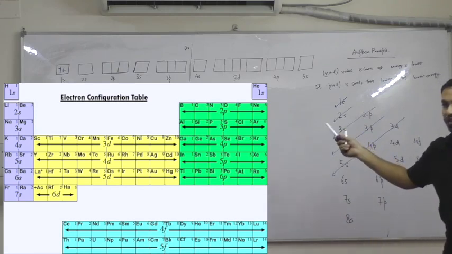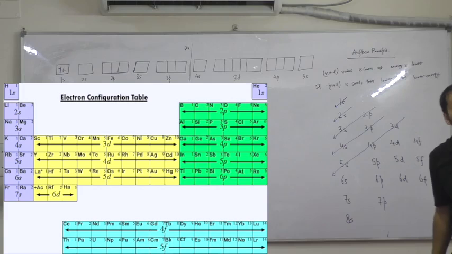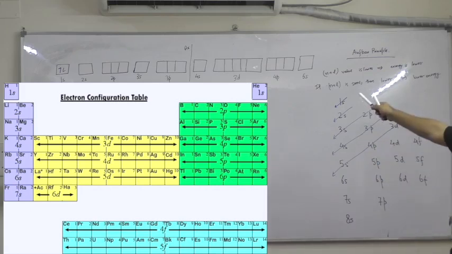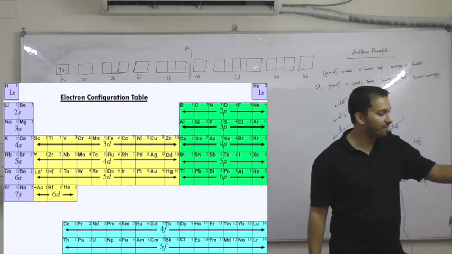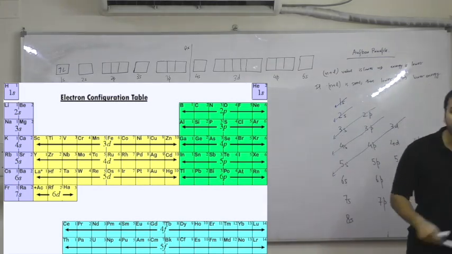Aufbau principle. After 3d, what do we have? 4p. So gallium is what? 4p1. Boron was 2p1. Aluminum was 3p1. So gallium is 4p1. Right? 4p2, 4p3, 4p4, 4p5, 4p6. After 4p, what do we have? 5s. तो इधर आ गए 5s1, 5s2. After 5s, what do we have?